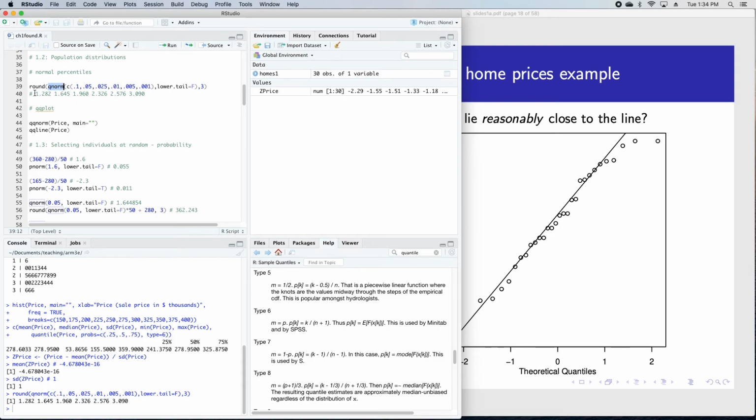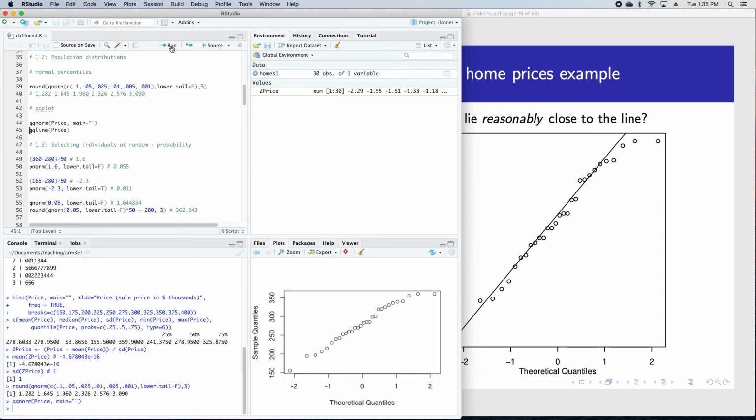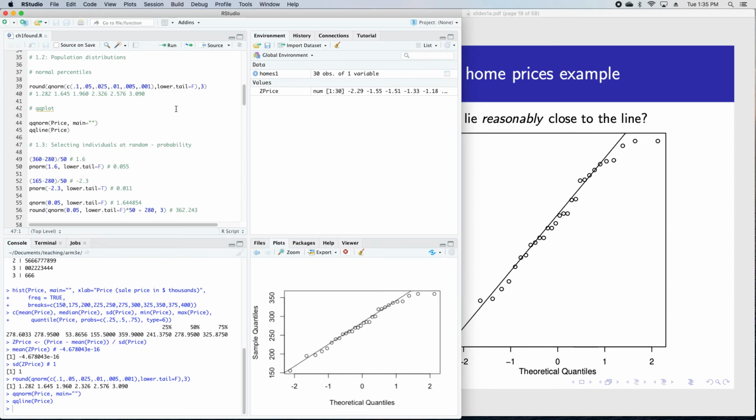Here are the numbers that were in the table we talked about: 1.282, 1.645, 1.96, and so on. Then to create a QQ plot or a normal probability plot, we use qqnorm, and then we add the line with qqline. You can see down here the normal probability plot, or the QQ plot, for the home prices data.